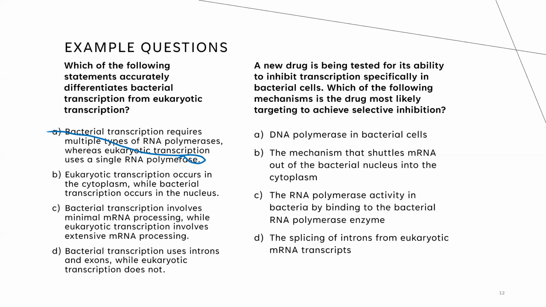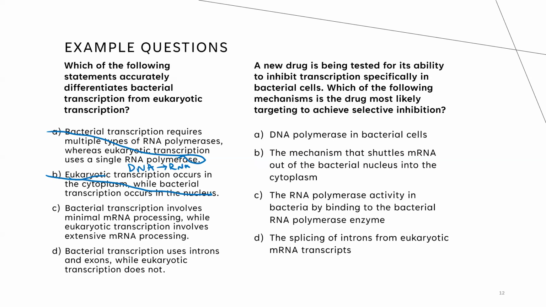In case you didn't listen to what I said earlier about it, it's the other way around, if you were interested. So B, eukaryotic transcription occurs in the cytoplasm. We know eukaryotic transcription is DNA to RNA transcription. That, if you are working with DNA, has to happen in a nucleus, so it can't be this one.